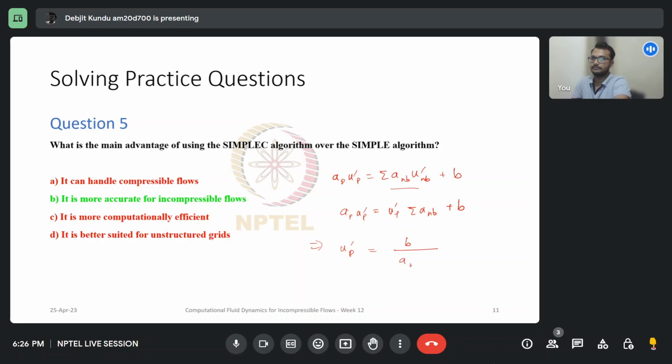So it will be AP minus the summation of ANB. This offers a slightly more accurate estimation of UP prime, that is the correction of the velocity terms, and therefore for incompressible flows, using the simplex algorithm would give me more accurate answers.